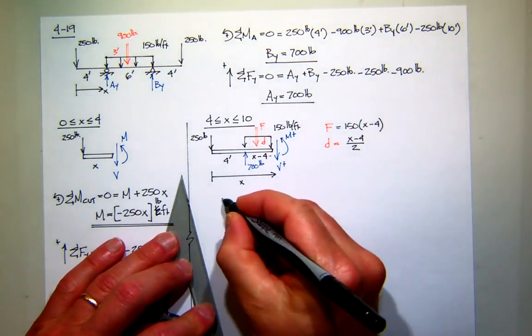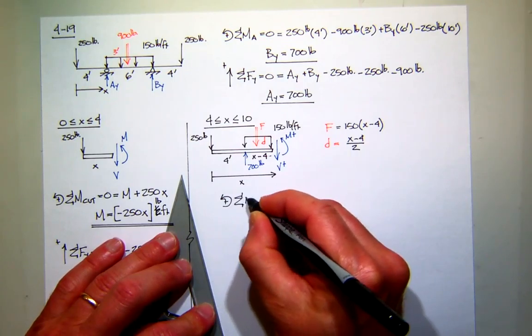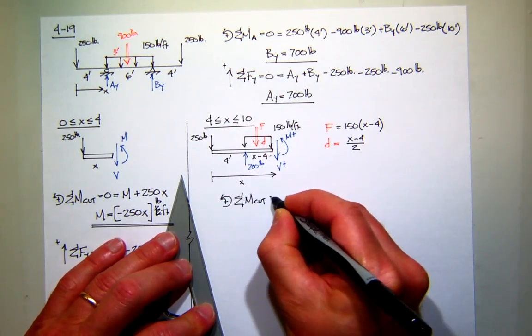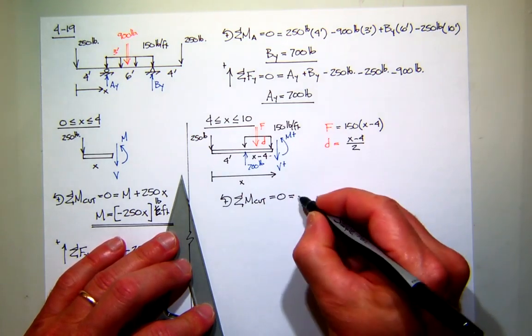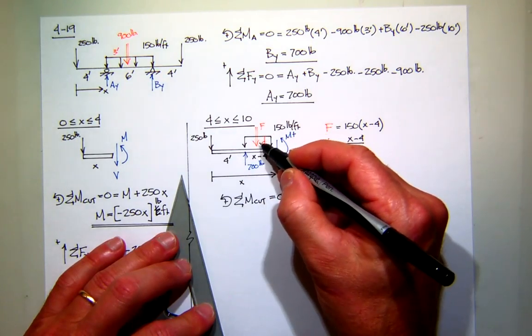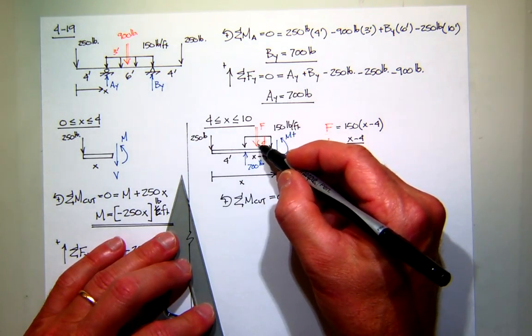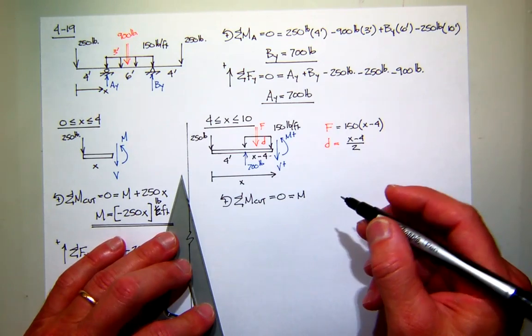Now you can just plow ahead with your moment. So I'll sum moments at the cut. Let's see what I've got. So I've got my internal moment, which is positive. I've got this force. Is that positive or negative moment about the cut? Positive.